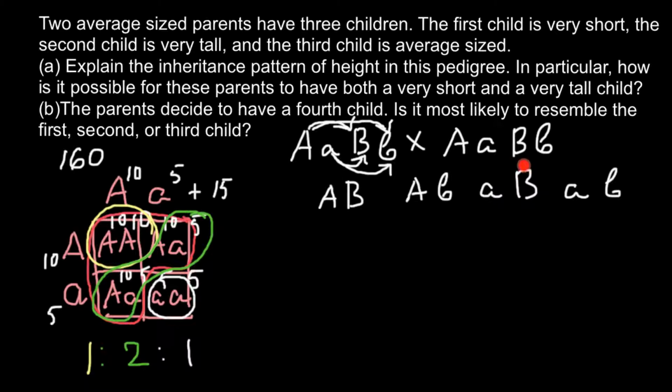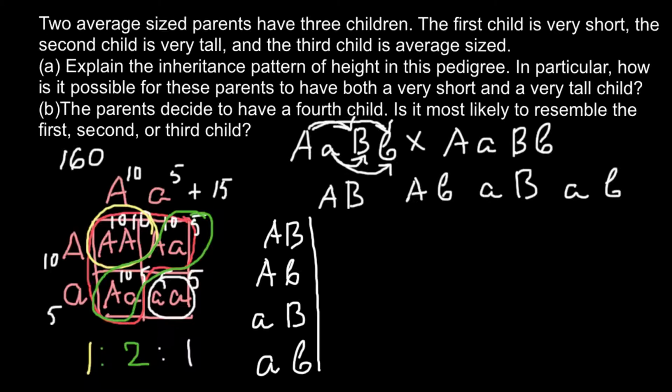And once again, because the genotypes of both parents are the same, the second parent would also produce the same gametes. So capital A, capital B; capital A, small b; small a, capital B; and small a, small b. As you see, this time we have one gene, and here is the second gene.